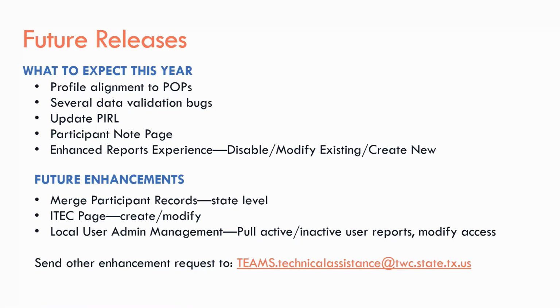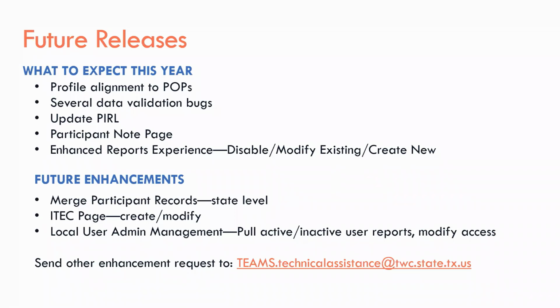We're also going to develop an iTech page where you can create and modify an iTech plan in Teams, so you can do it in Teams, you can print it out if you want, fill it out, whatever. But you'll be able to update that in Teams and not just a paper copy in the file.